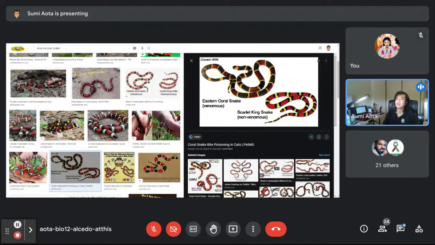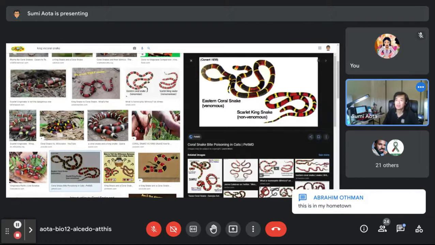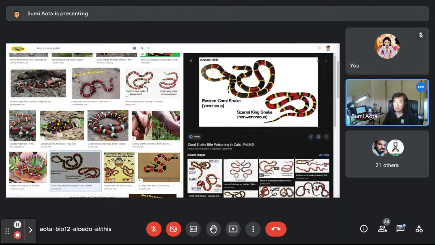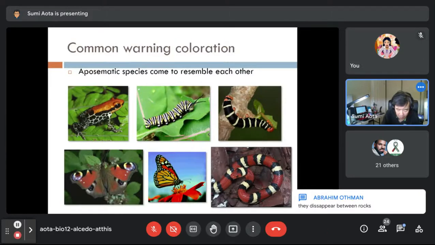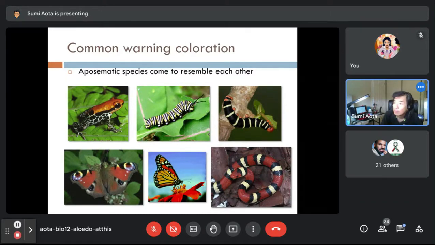Now, another neat camouflage one I want to show you. Let's see if I can find this. Let's see if I can get a better picture.